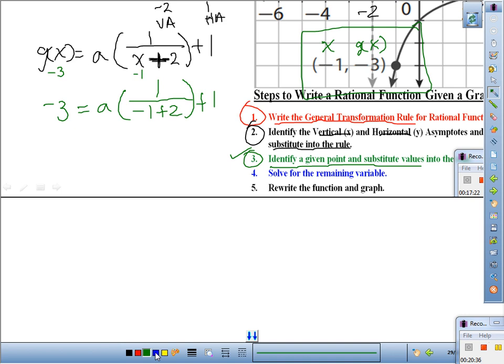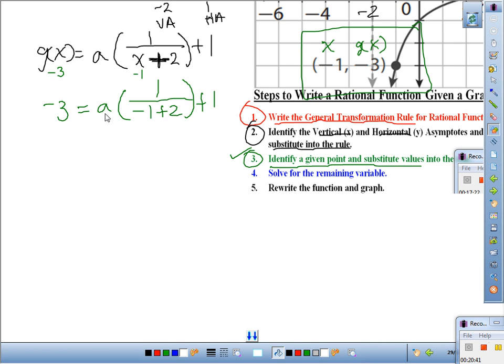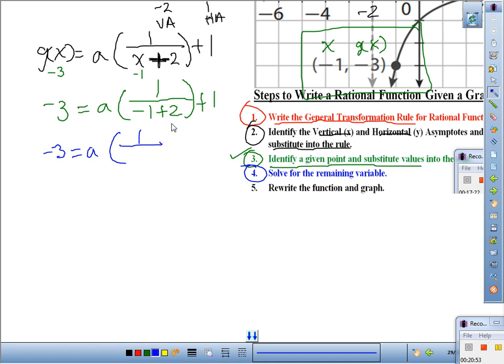What does step 4 tell us to do? Solve for the remaining variable. What variable? A. Here we go. I'm going to do that in blue. Negative 3 equals a, parentheses, 1 over, what is negative 1 plus 2? 1, plus 1.